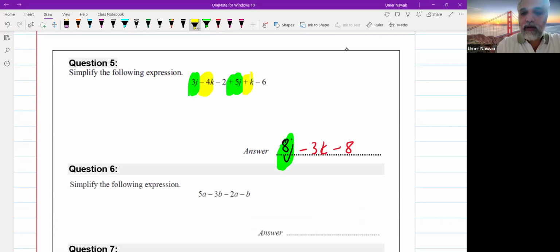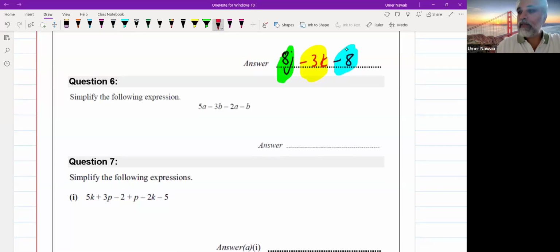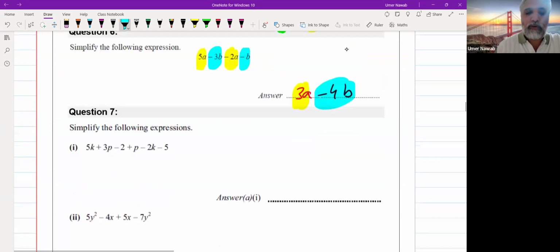Negative 4k plus k will give you negative 3k. Negative 2, negative 6 will give you negative 8. Now this will give you 3a minus 4b. 5a minus 2a will give you 3a. Minus 3b minus b will give you minus 4b.